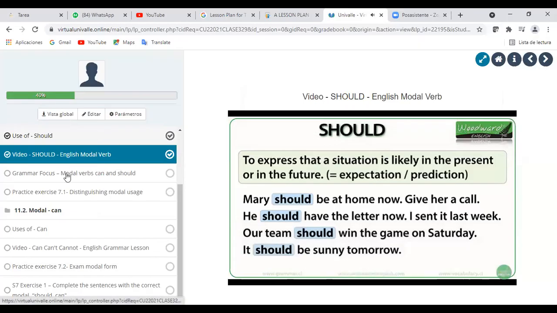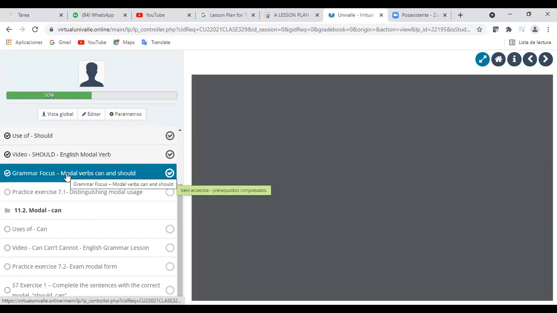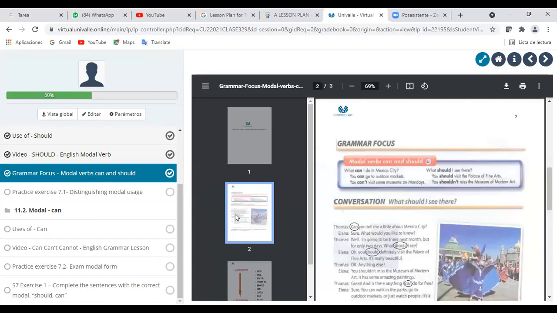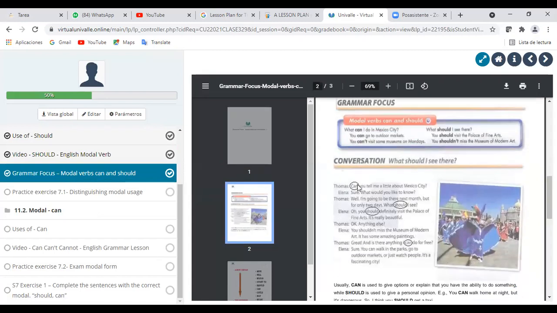Also, we're going to be learning the differences between the modal verbs can and should in English. We use the modal verbs can and should to express statements, right? Also, we use the modal verb can to express an ability, that you are able to do something.